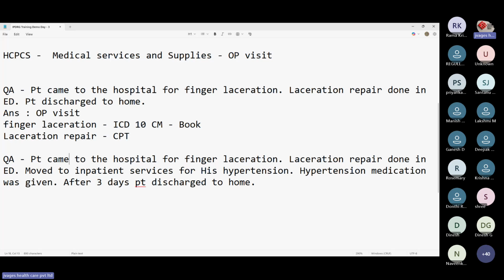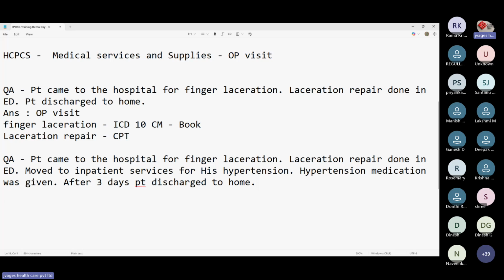The laceration repair was done in the emergency department and he was moved to inpatient services for his hypertension. He found the patient had elevated blood pressure, like hypertension, so hypertension medication was given. After 3 days, the patient was discharged to home.